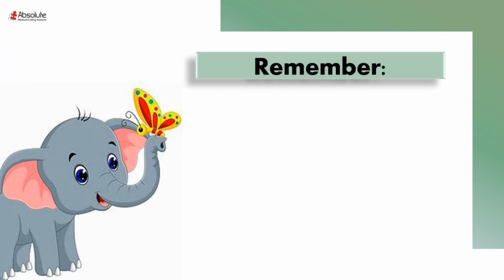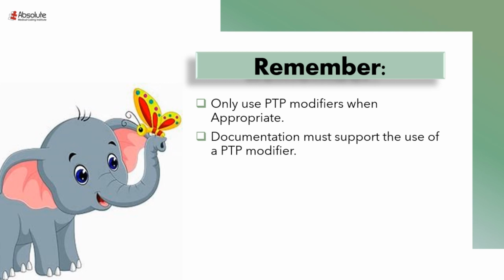We must remember that we only use procedure to procedure modifiers when appropriate. So modifiers may be appended to either our HCPCS or our CPT codes, but only when the clinical circumstances justify the use of the modifier. If it is not justified in the documentation, we cannot use it. Documentation must support the use of a procedure to procedure modifier.